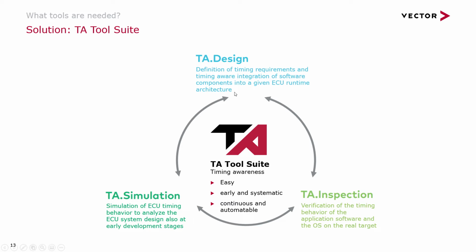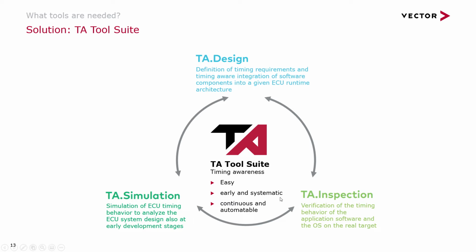On a dynamic perspective, we then have TA simulation and TA inspection. So what I have shown you before, this analysis of the task activations and the timeframes and the histogram, all these things are analyzed in TA simulation and TA inspection. So where's the difference?